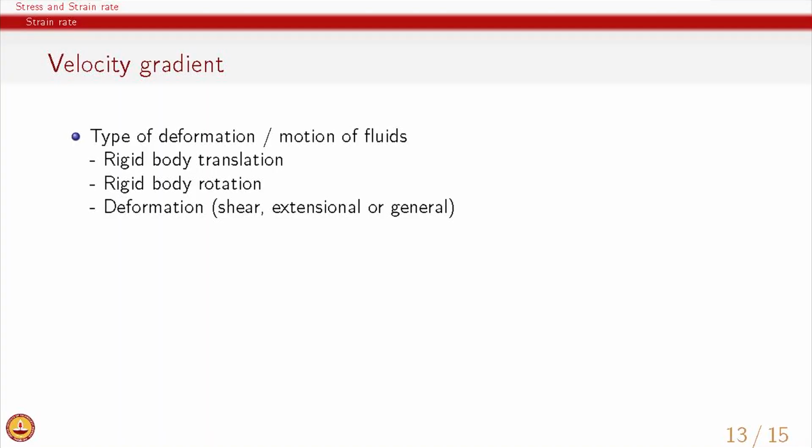So, in the next class, we will look at the velocity gradient, and we will see that velocity gradient describes rigid body translation, rigid body rotation and deformation, which are the three phenomena which have to be described for a material which is flowing.